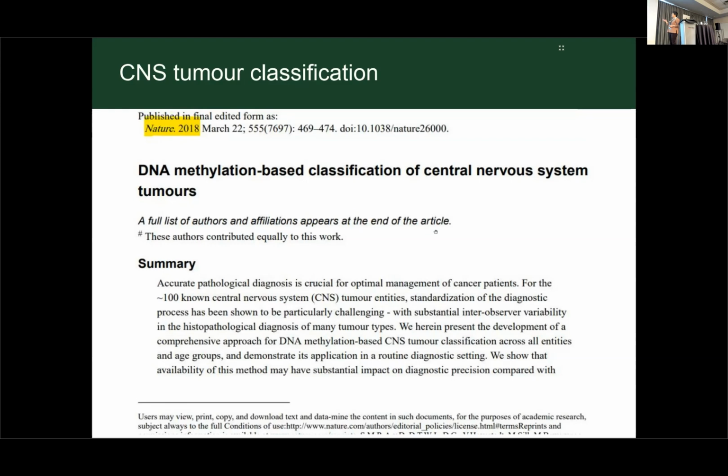And this has been quite influential, in the sense that the 2021 WHO tumor classification for the CNS has already incorporated some of it. This is research, right? But some of it has already been incorporated, especially for pediatric CNS tumors in the WHO tumor classification.